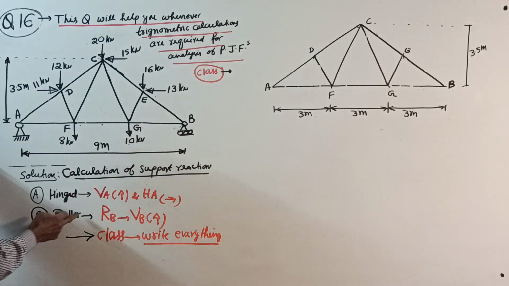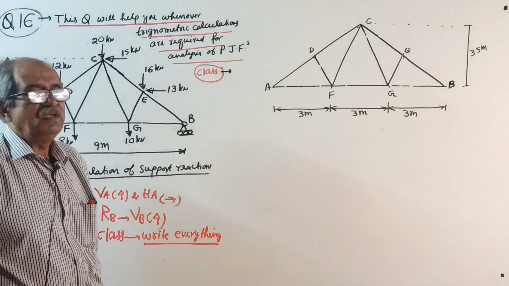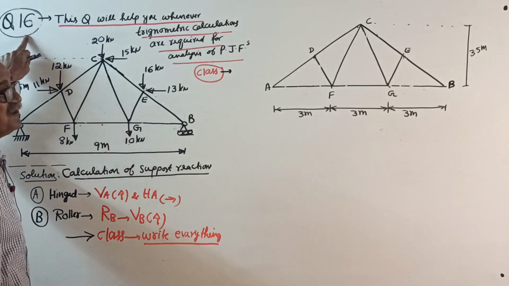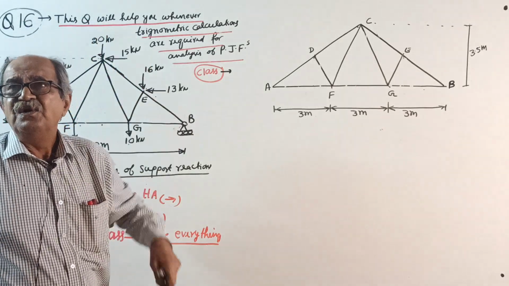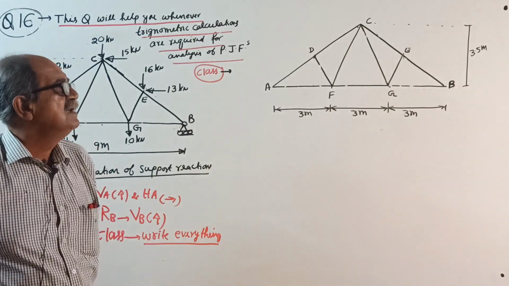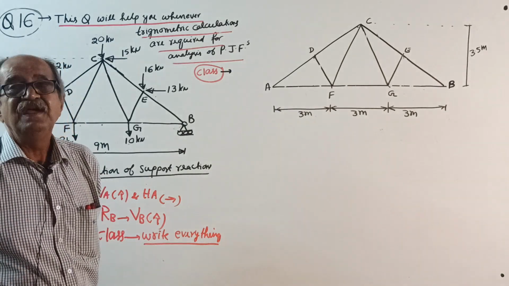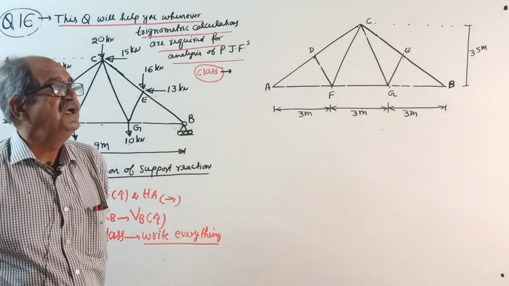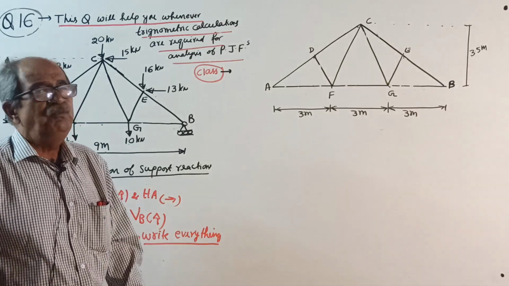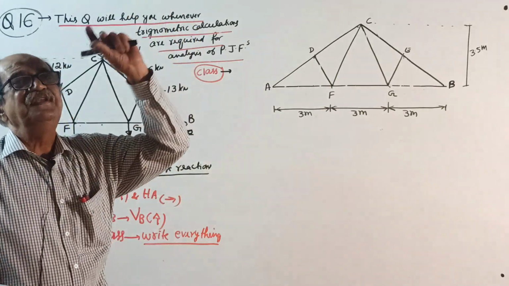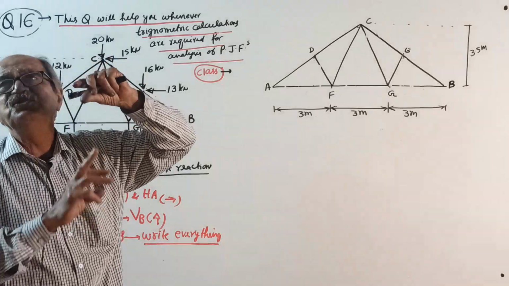This one I decided not to tell in future, because in question number 16 or earlier in part 2, engineering mechanics, equilibrium, support reaction, one hinge, one roller, plenty of questions I solved. Every time I used to write, A is hinged support, therefore there will be vertical reaction and horizontal reaction; assume the reaction.